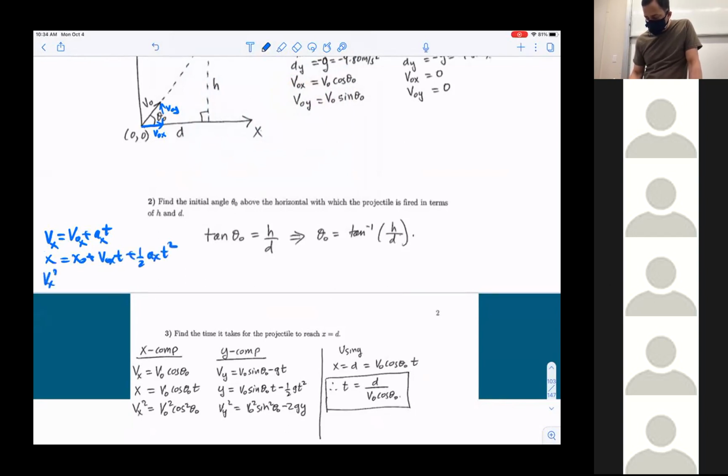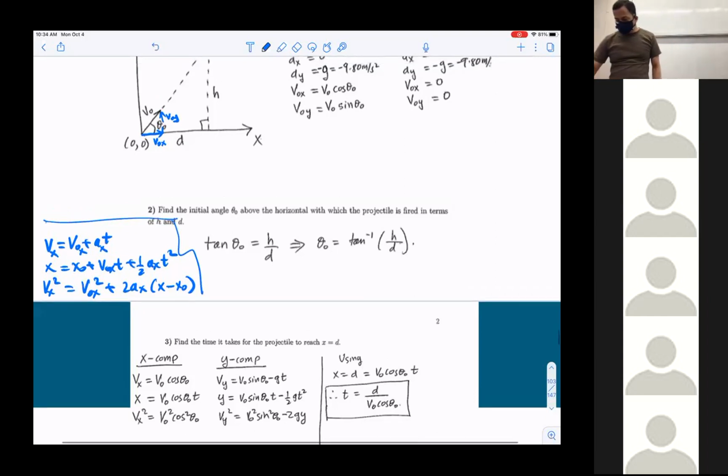And then you have vx squared equals v naught x squared plus 2 ax times x minus x naught. And then you have an identical copy of that in the y direction. So those are your master equations.